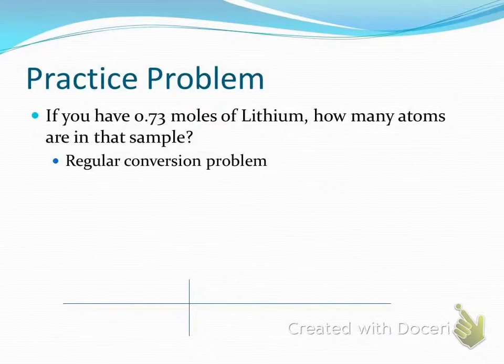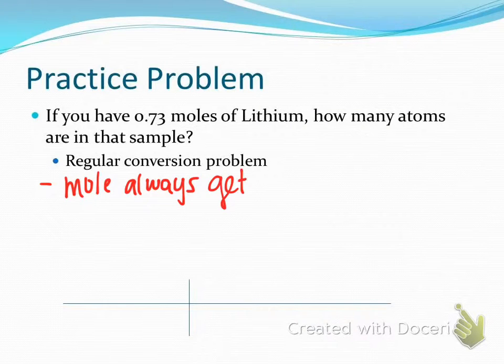The same rules apply here in that the mole always gets the 1. Because Avogadro's number tells us that in 1 mole, there is 6.022 times 10 to the 23rd of whatever. So the mole always gets the 1 in these conversions as well.